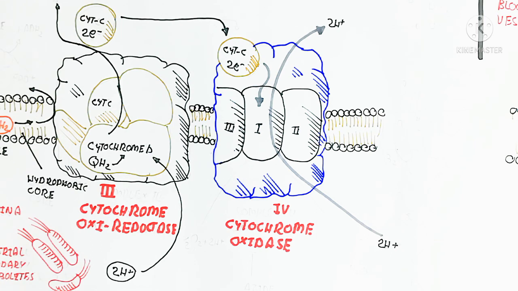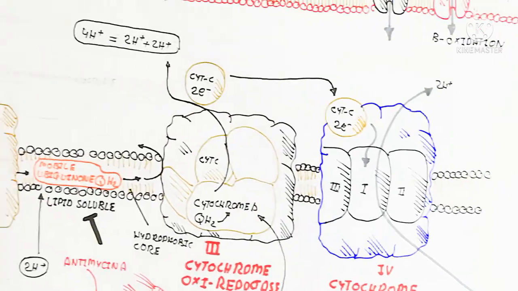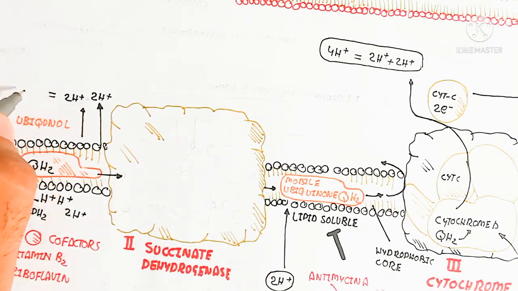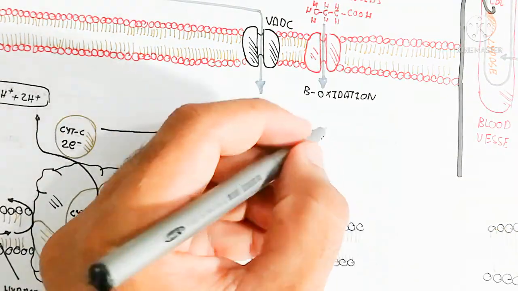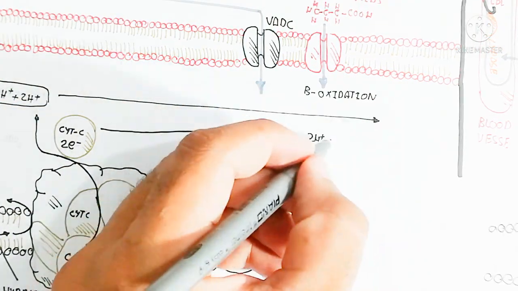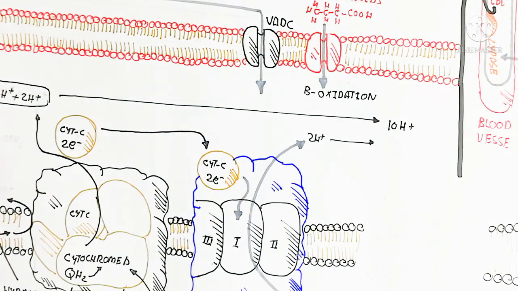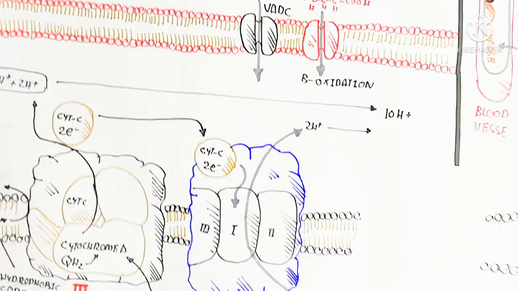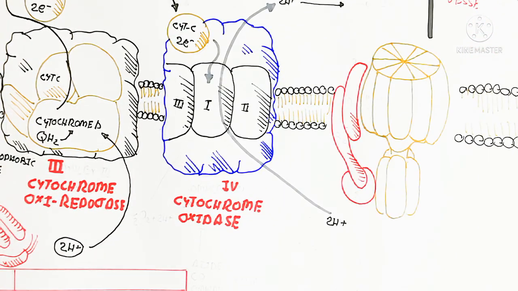So the electron is basically weak, containing high energy. So remember about that. Here complex 1 pumps 4 protons, and complex 3 contains 4 protons, but here it is 2. Why? Because QH2 is basically containing 2 protons, which are already released, but the 2 protons are also pumped out due to the high energy.